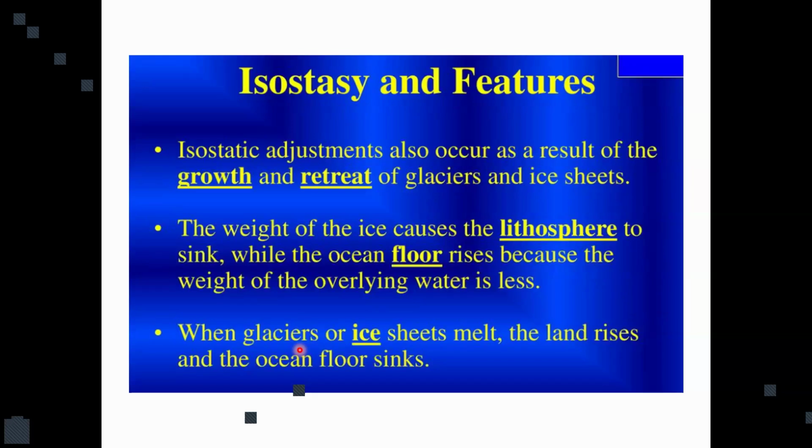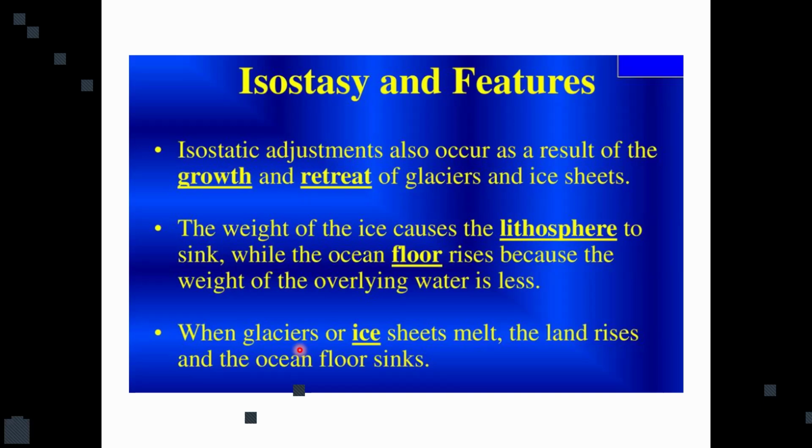Isostatic adjustment can also occur as a result of the growth and retreat of glaciers and ice sheets. If big ice is formed in a particular place, it will constitute extra load in that area, and it can cause that area to sink. On the other hand, you can have an area with a large mass of ice, and the ice melts to water and the water flows away.